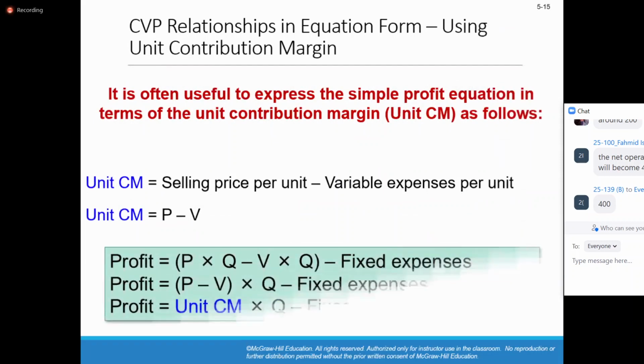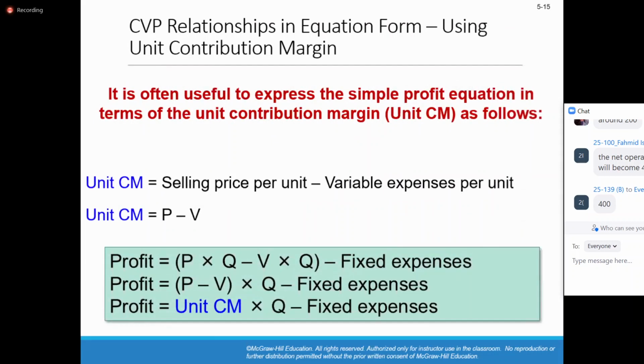So what can we do? We can express this in terms of per unit other than the total value. So the things are the same, but we are expressing the contribution margin now, not in total, but on a per unit basis. So if we have the selling price per unit 500, variable expense 250, in that case, we see the contribution margin.